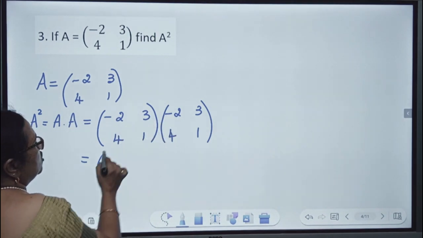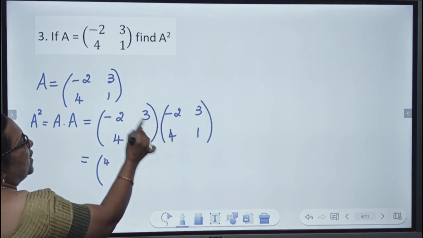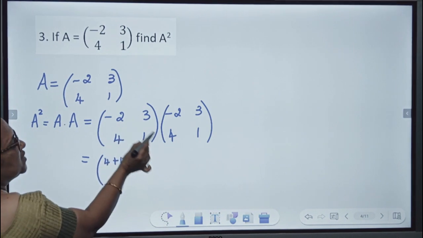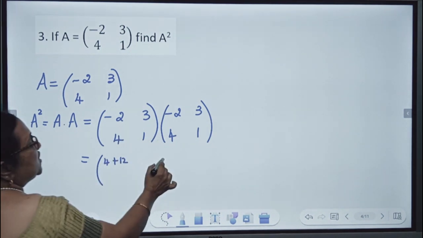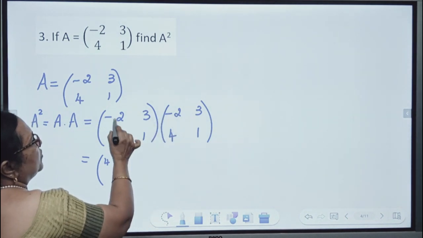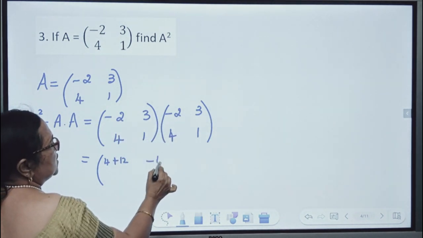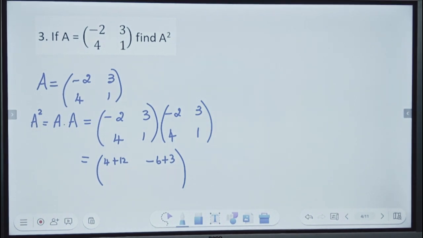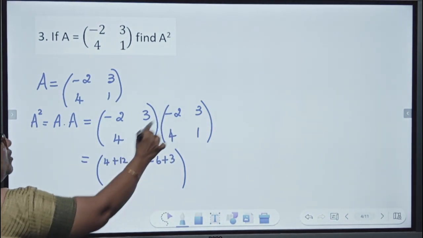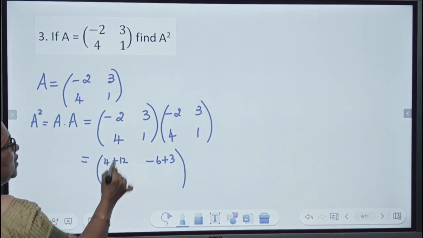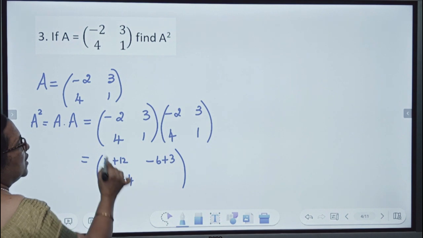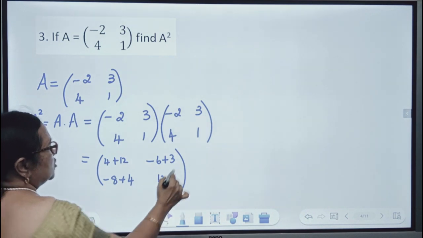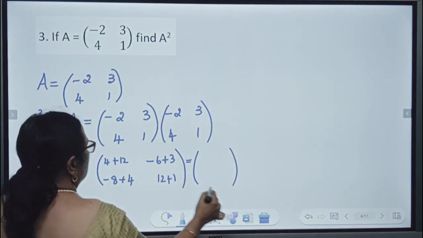So minus 2 into minus 2, 4 plus 12. Minus 2 into minus 2 is 4 plus 3 into 4, 12. Now this is A12. So first row, second column. So minus 2 into 3, minus 6 plus 3 into 1, 3. Second row, first column. So minus 8 plus 1 into 4, 4. Second row, second column. So 12 plus 1. So this is equal to, how much will you get?